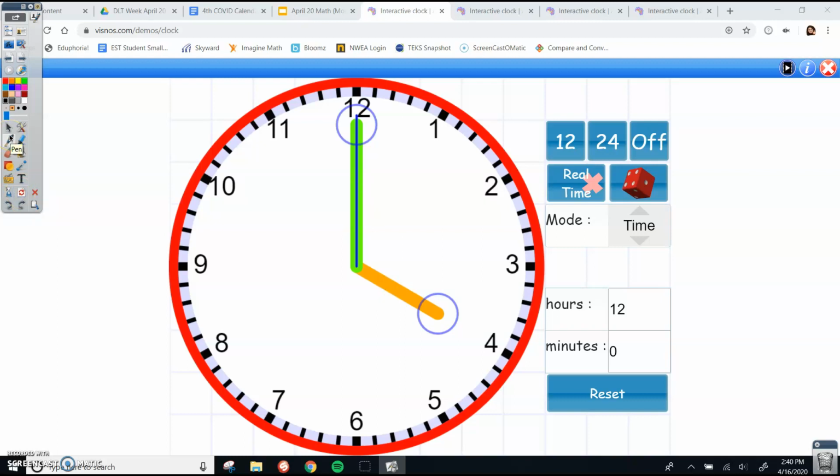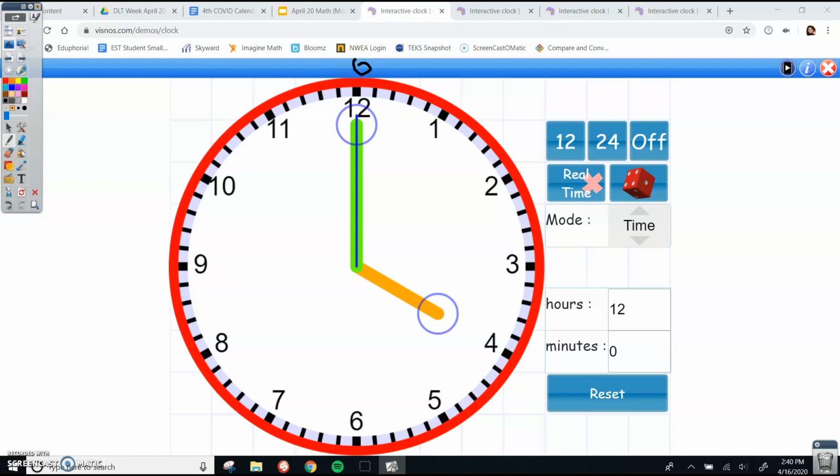So looking at our clock here, the hour hand is pointing directly to the 4. Our hours are indicated by the 1, 2, 3, 4, 5, 6, 7, 8, 9, 10, 11, 12. Your hours are going to be the big numbers. Your minutes are going to be what's between the big numbers. If you're at 12, that would be 0 minutes.